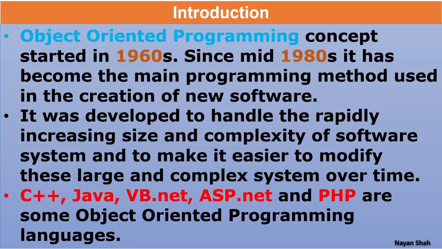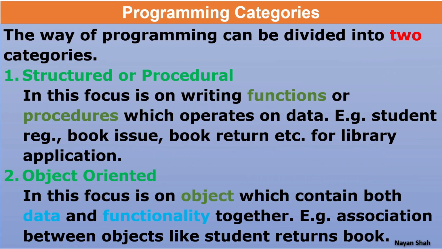To handle such complexity of the program or software, we needed a programming language which can handle all this easily. And so we need object-oriented programming. For example, C++, Java, VB.NET, ASP.NET, PHP, all these are some examples of object-oriented programming.